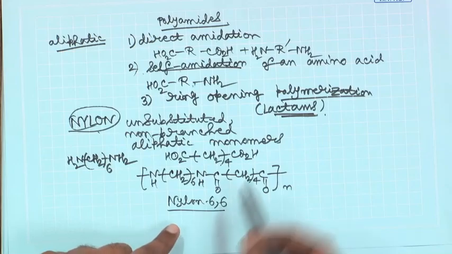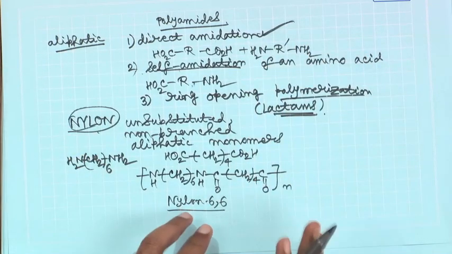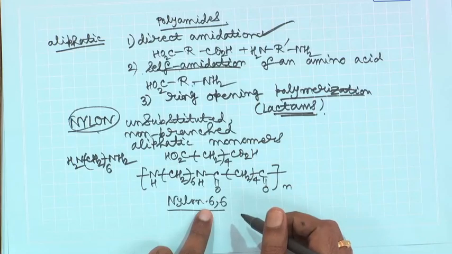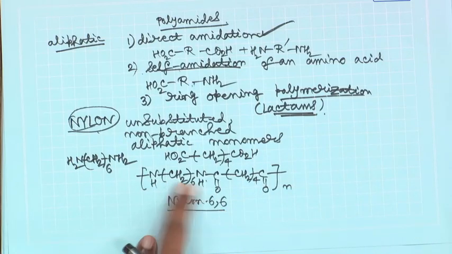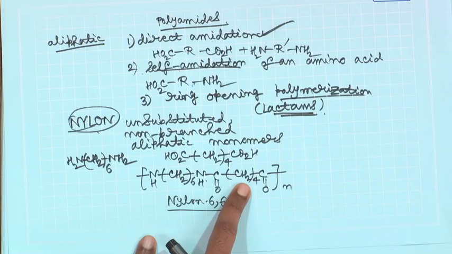So, basically these nylons that are made from the direct amidation process are designated by two numbers. The first number represents the number of carbon atoms in the diamine chain. So, the number of carbon atoms in the diamine chain, 6 carbon atoms. So, the first number designates that. The second number represents the number of carbon atoms in the acid.